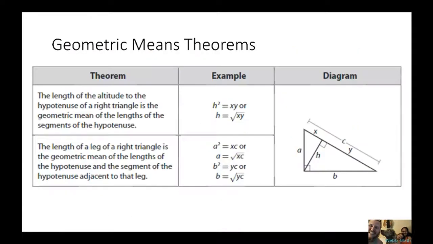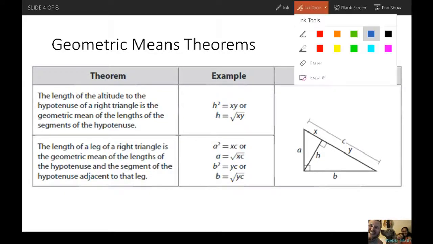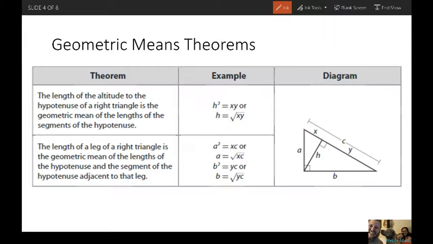Okay, moving on. Geometric means theorem. Basically, the theorem is that the length of the altitude to the hypotenuse of a right triangle is the geometric mean of the lengths of the segments of the hypotenuse.